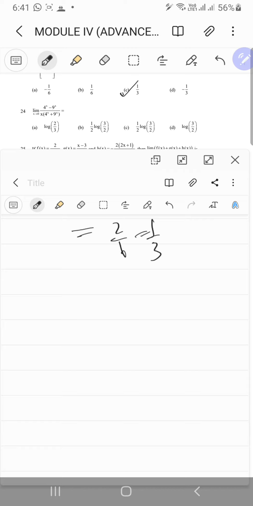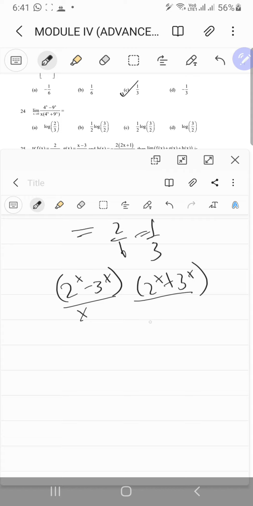First thing that I will do is write it as 2 power x minus 3 power x upon x, and then 2 power x plus 3 power x upon 4 power. Okay, what am I doing? Just put x equal to 0, we should get 1.